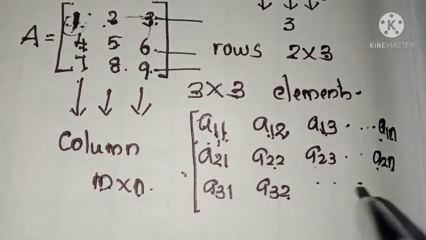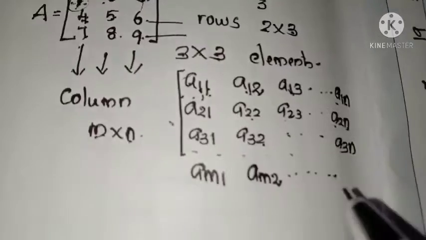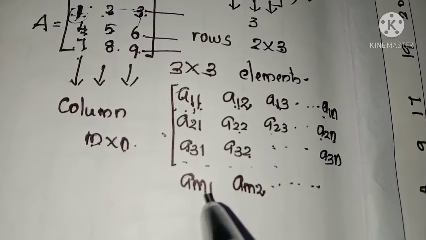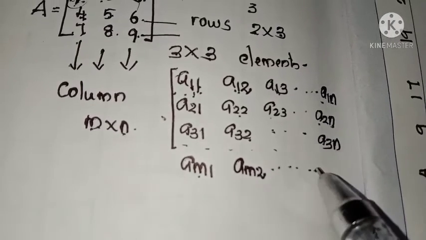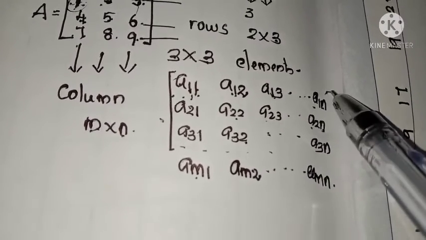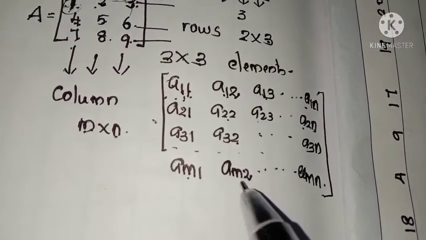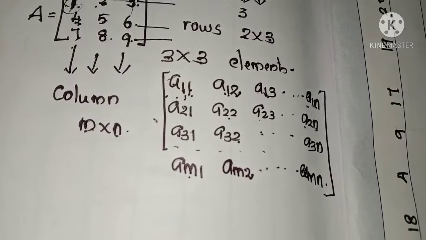A31, A32, A33, etc., A3n, and so on, up to the last row, Am1, Am2, etc., Amn. So this is the general form of a matrix of order m by n.